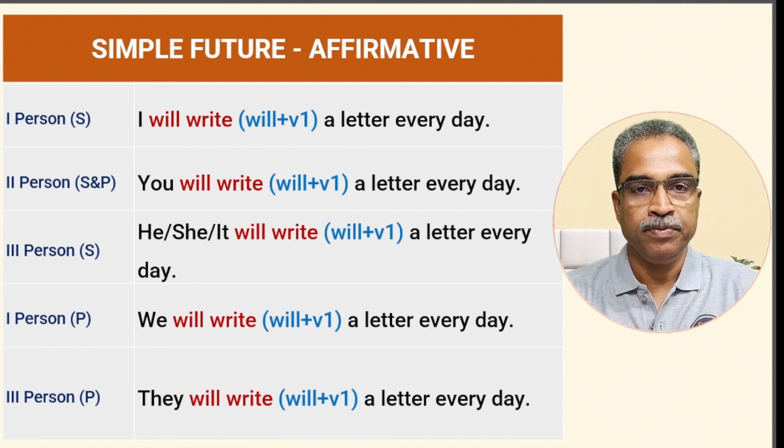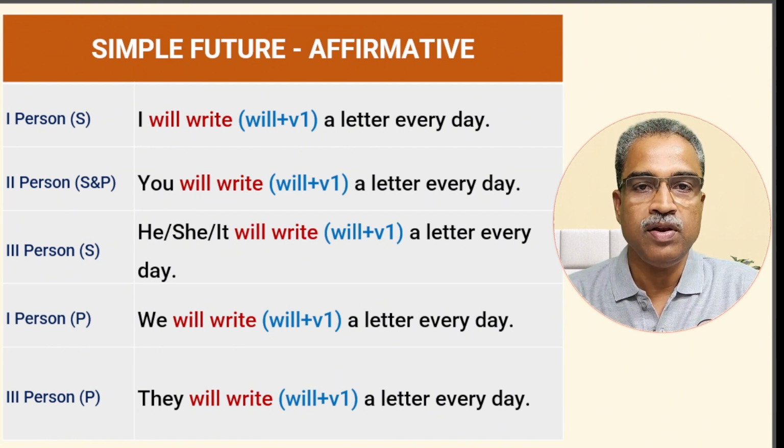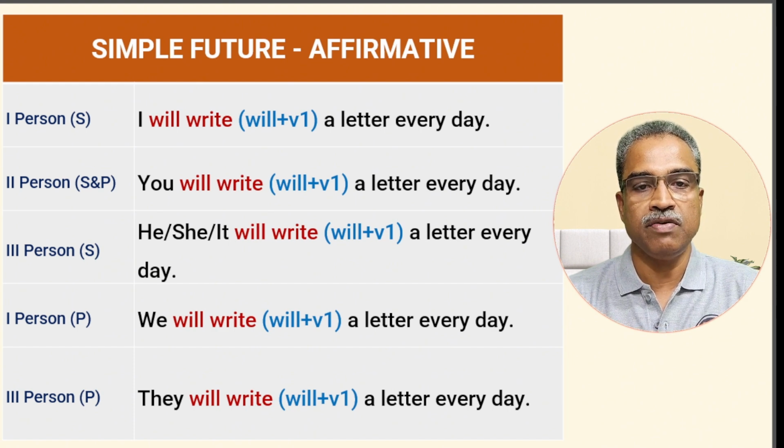But here we are going to use the subject, will, and then the root form of the verb. So it will be, I will write a letter every day. You will write a letter every day. He, she, it will write a letter every day. We will write a letter every day. They will write a letter every day.